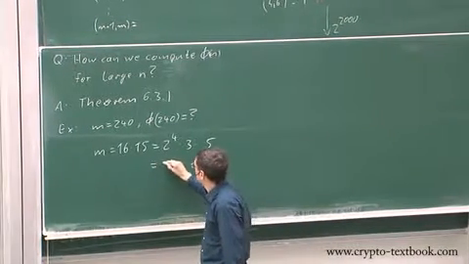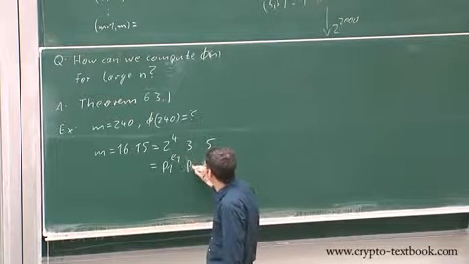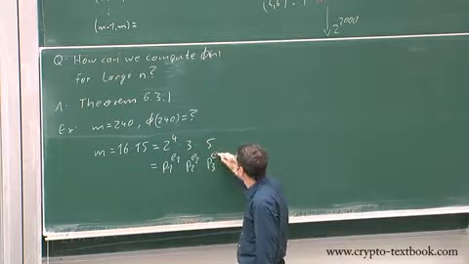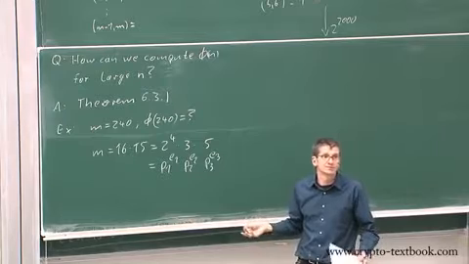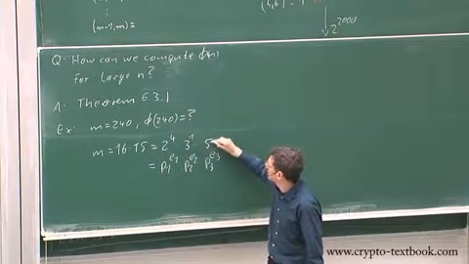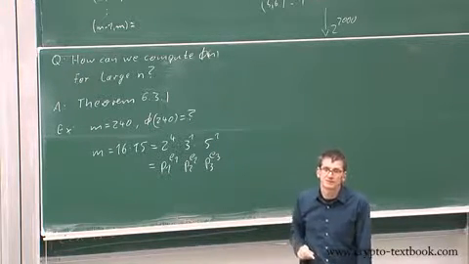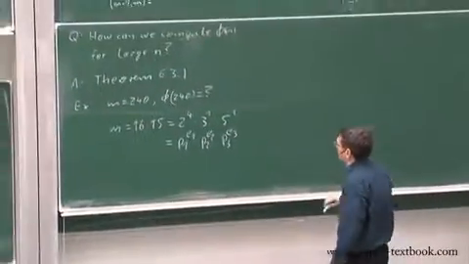This is p1 to the e1, p2 to the e2, p3 to the e3. This is the canonical prime factorization. And 3 is of course 3 to the 1, 5 is 5 to the 1. Okay? So what we're doing now, you plug that into this formula there.